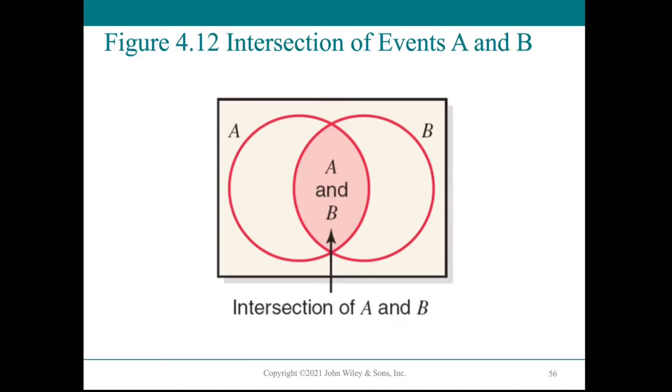You have two sets A and B, and the overlapping region is the intersection, where the respondents in that region must have both A and B, or fall under outcomes A and B.